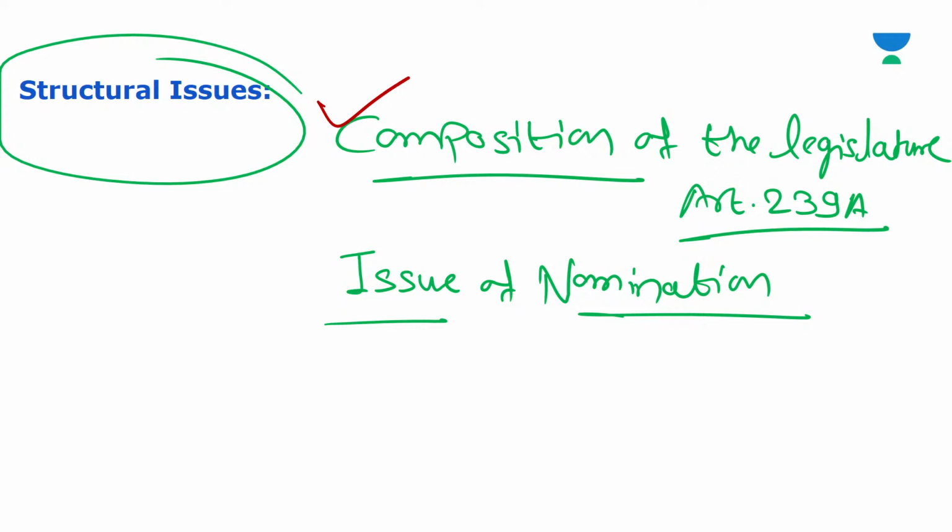When the Union government nominated 3 members to the Assembly without consulting the government, it was challenged in court. The Supreme Court in K. Lakshmi Narayan versus Union of India 2019 held that the Union government is not required to consult the state government for nominating members to the Assembly, and the nominated members have the same right to vote as the elected members. So this is also the issue of nomination.